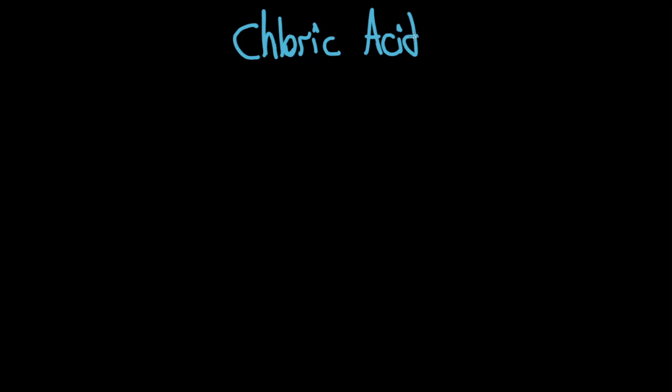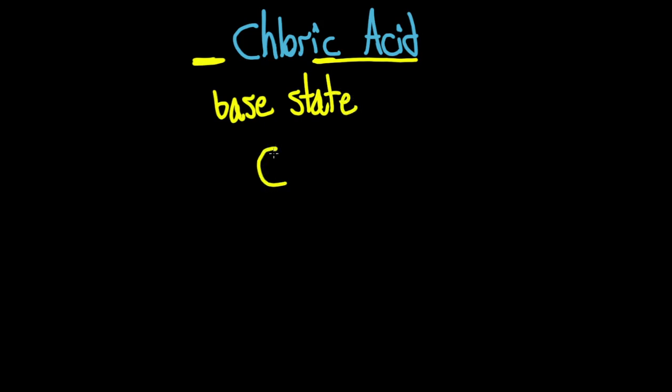Alright, so first things first, whenever I'm attacking something like this, is I'm going to look at my ending, okay? And I have ic acid. I don't have a per here, okay? I only have the ic acid, so I know that I'm going to be dealing with my base state. And in particular, looking at my base state, I'm going to have ClO3, okay? And all I do for this is I'm just going to add a hydrogen out there, okay?